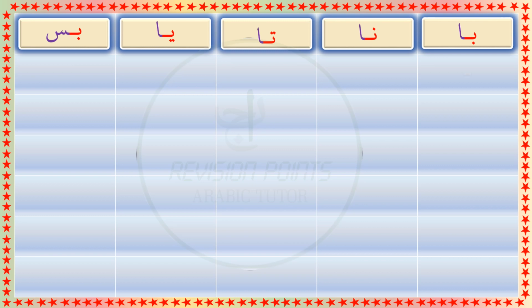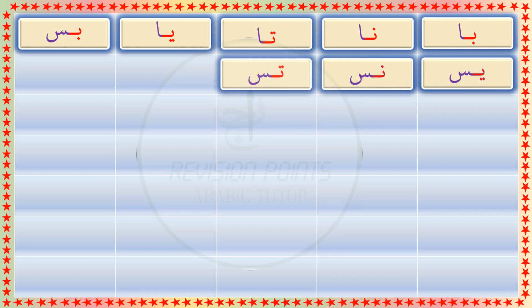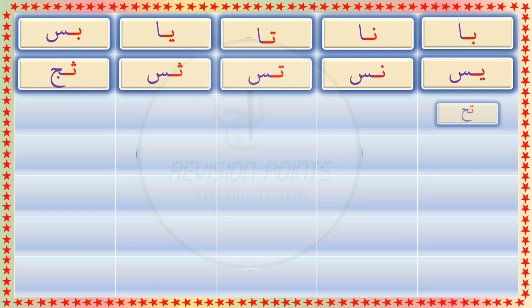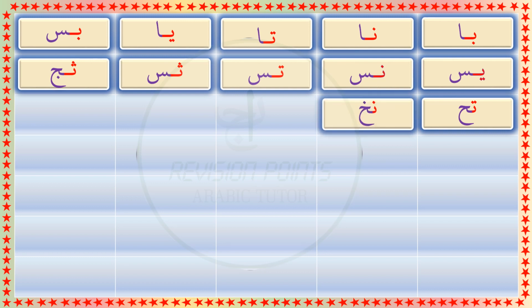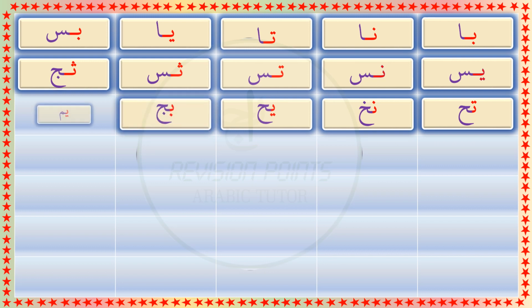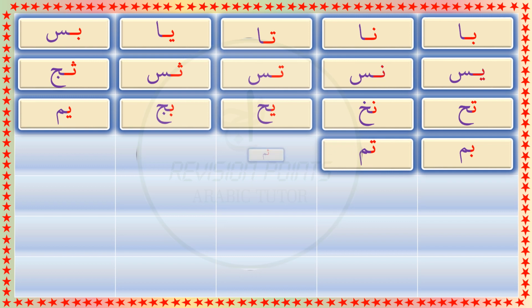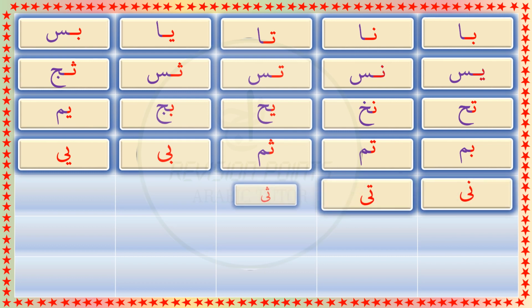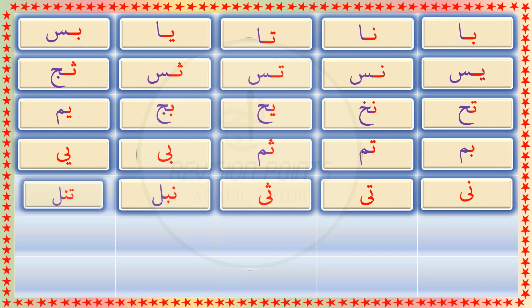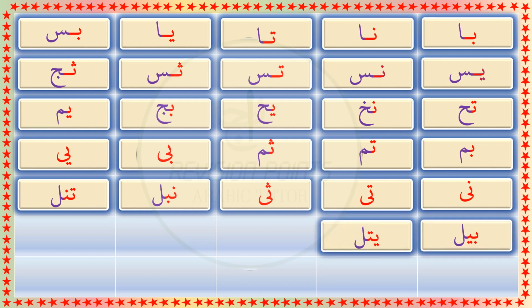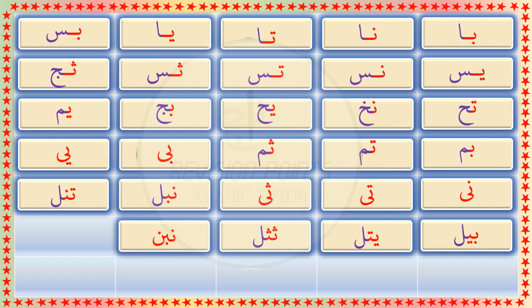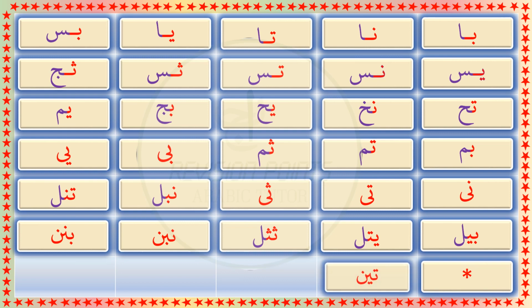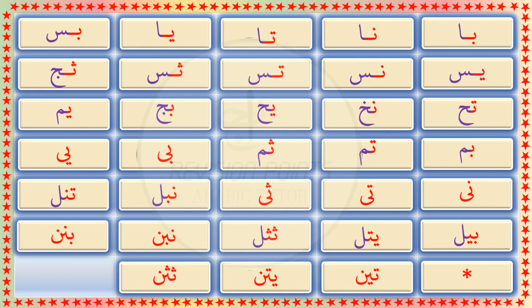Ba Alif, Noon Alif, Ta Alif, Ya Alif, Ba Seen, Ya Seen, Noon Seen, Ta Seen, Sa Seen, Sa Jeem, Ta Ha, Noon Kha, Ya Ha, Ba Jeem, Ya Meem, Ba Meem, Ta Meem, Sa Meem, Ba Ya, Ya Ya, Noon Ya, Ta Ya, Sa Ya, Noon Ba Lam, Ta Noon Lam, Ba Ya Lam, Ya Ta Lam, Sa Lam, Noon Ba Noon Noon, Ta Ya Noon, Ya Ta Noon, Sa Noon. So now we can repeat them again and again.